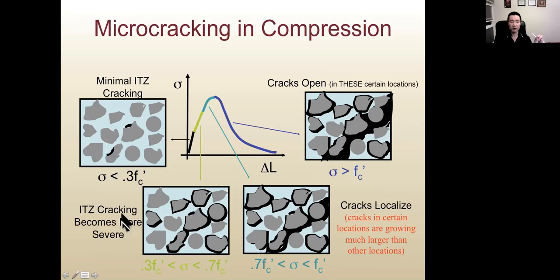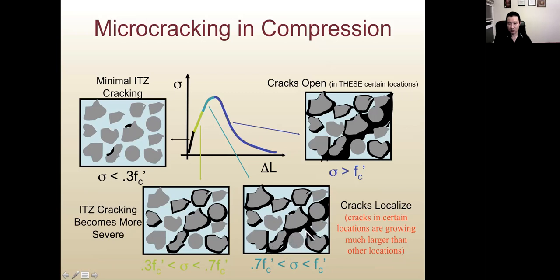When we further increase the stress level, as in this green zone, the cracks in the ITZ become more severe, and we also have more cracks generated in more areas. This is between 30% to 70% of f'c. Beyond 70% of f'c, up to f'c, the cracks in certain locations will open up, as we can see here.